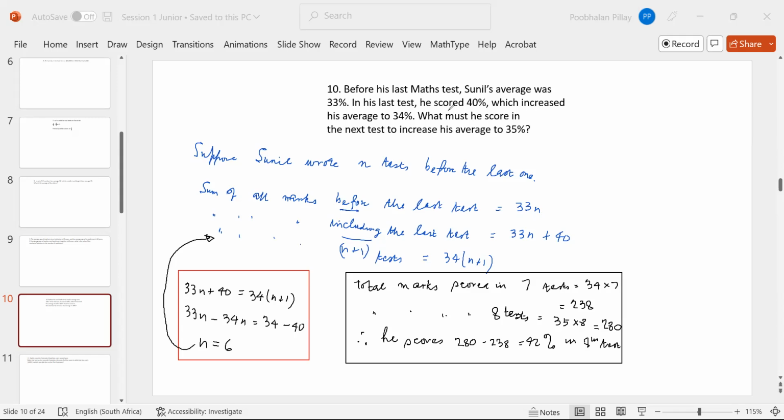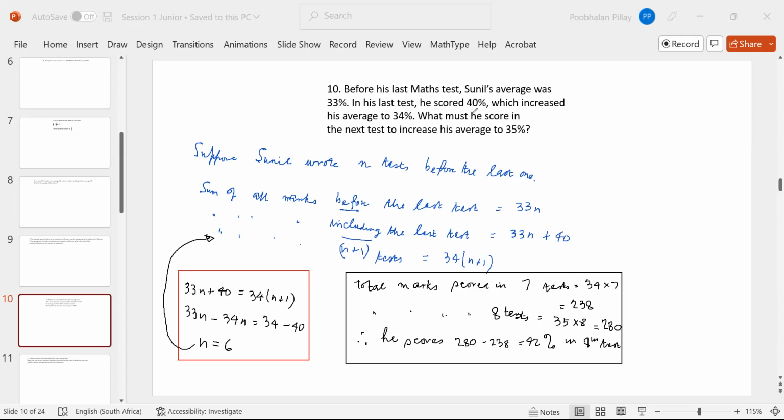But now in his last test, he scored 40%. This is the n plus 1 test. So his total marks would be 33n plus 40.